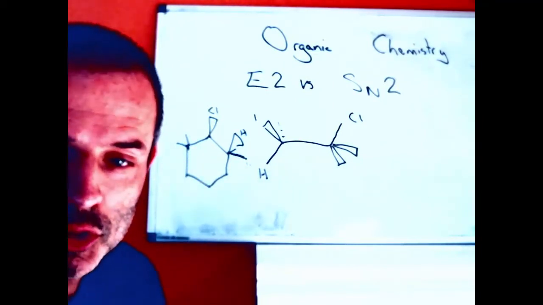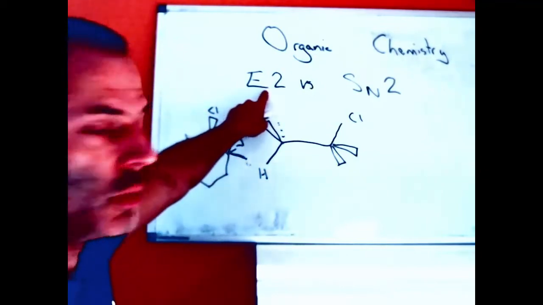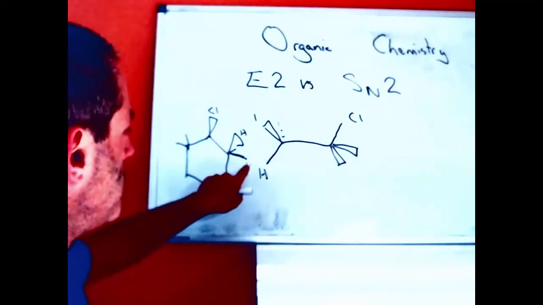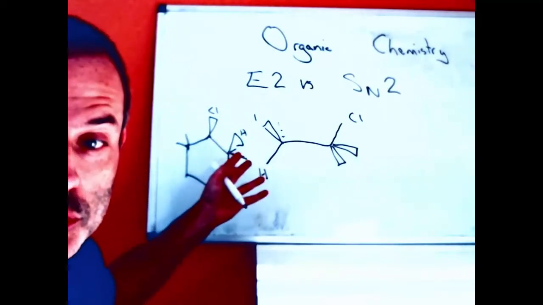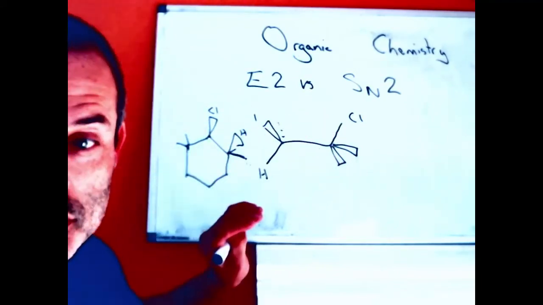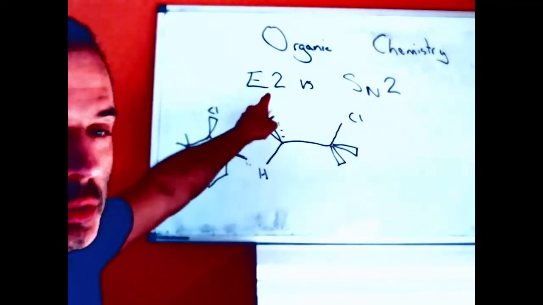So we reduce the possibilities. If we take this molecule, it cannot do E2 because the hydrogen is on the wrong side. It would have to be down here, and there's a methyl group there. So in that case, it must do SN2. It might do E1, but it cannot do E2.